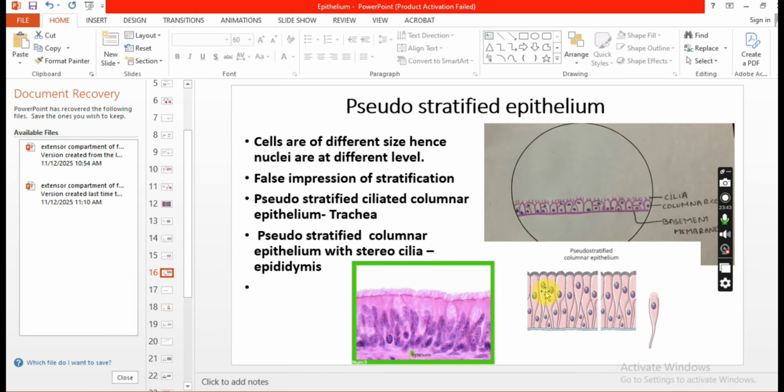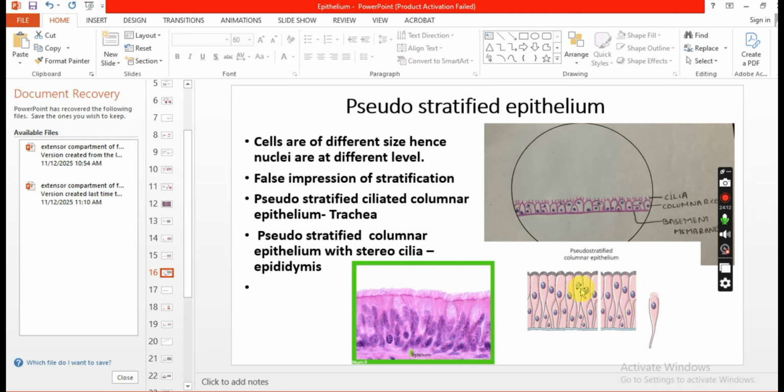So if you just imagine you are seeing just nuclei in this picture, you are definitely going to think that it's a multi-layer, because you are seeing many layers of cells. So it gives a false appearance of stratification because the cells are of different size and the nuclei are arranged at different levels.